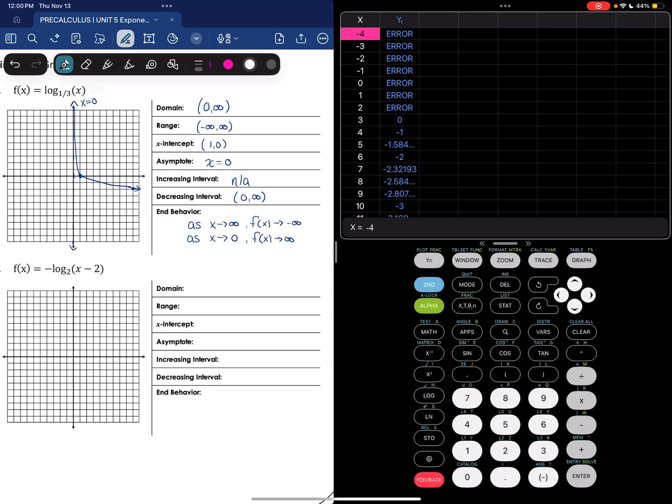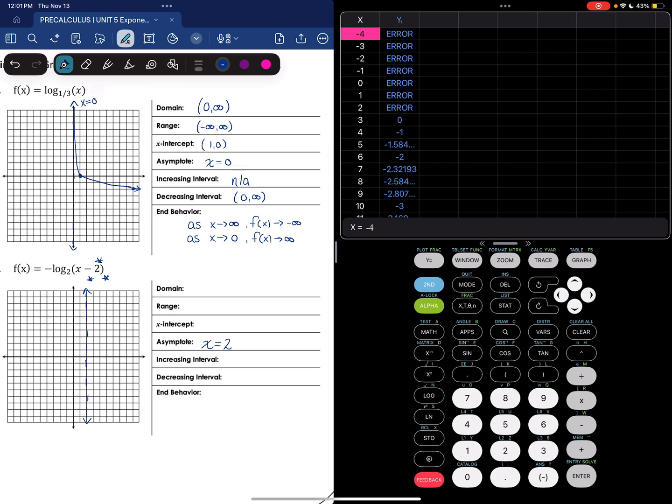And that's because our asymptote is now at 2, affected by the value that is being subtracted in here with your x. So when you have a value in there, that's going to cause that horizontal shift to the right. So now our asymptote is at x equals 2.